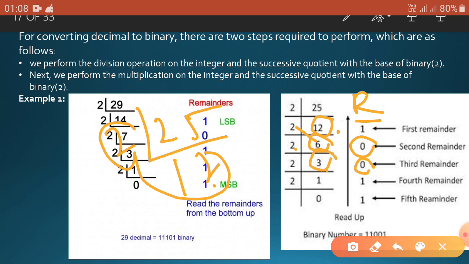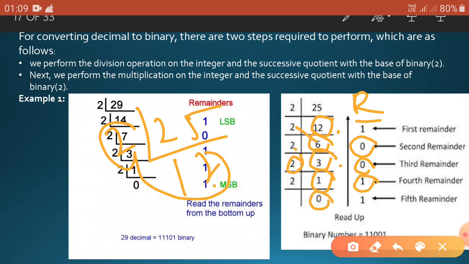Then it is 3, and we have to divide by 2. We can use 1, because if we write 2 here, it gives us 4, which is greater than the number present here. So 2 into 1 is 2, and 3 minus 2 means the remainder is 1.